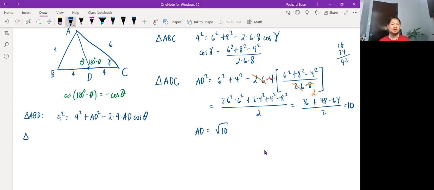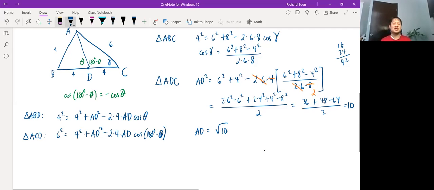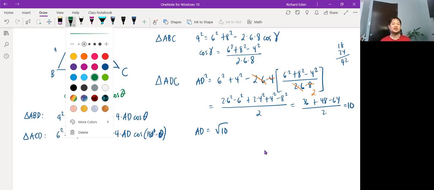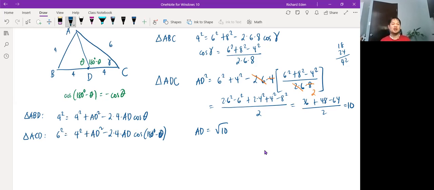Let's do something similar on triangle ACD. This time, thinking of 6 opposite angle 180 degrees minus theta. 6 squared equals 4 squared plus AD squared minus 2 times 4 times AD cosine of 180 degrees minus theta. Sorry, yes, 180 degrees minus theta. Magka-cancel nung may mga cosine because they're negatives of each other.